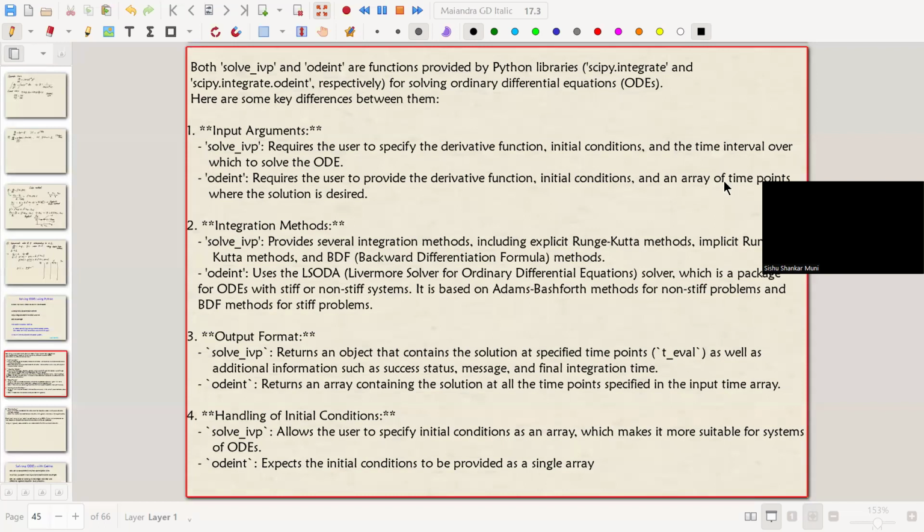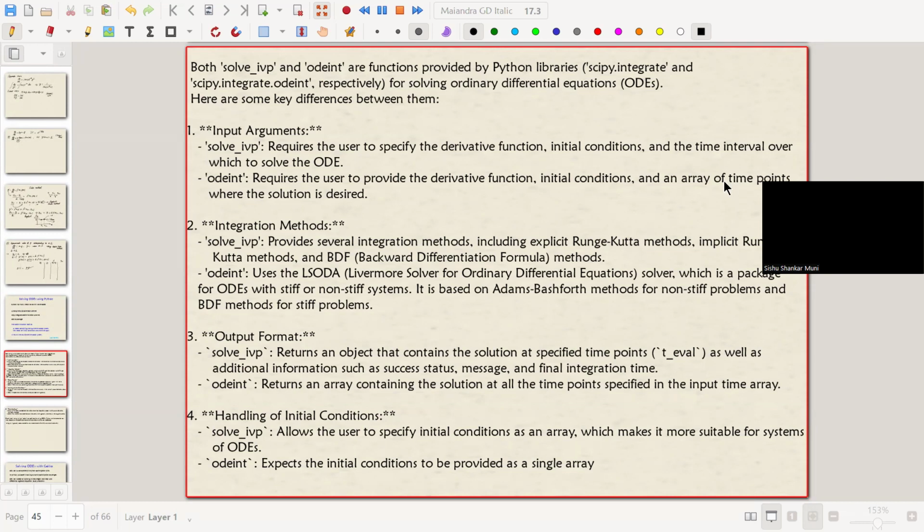So as I told, solve_ivp and odeint are very efficient methods where you can easily solve ordinary differential equations. So in what way do they differ? They differ in the methods. As I told you, you can use forward Euler method, explicit RK4 method and all.